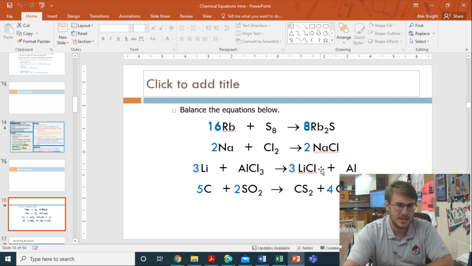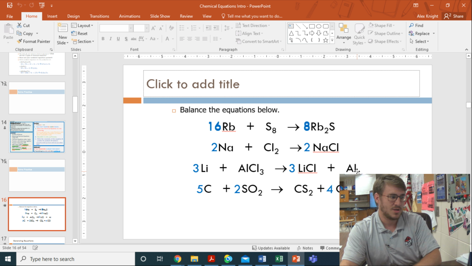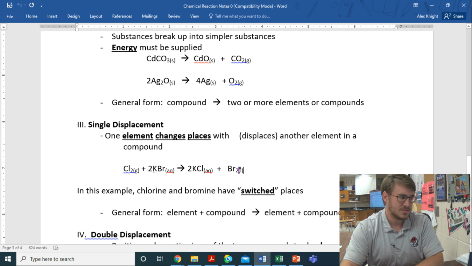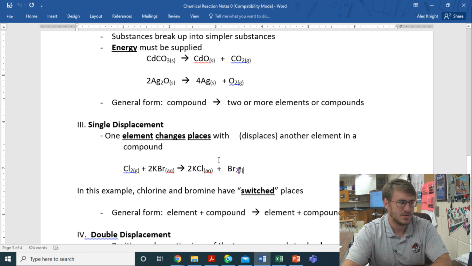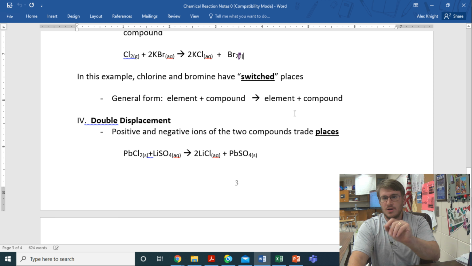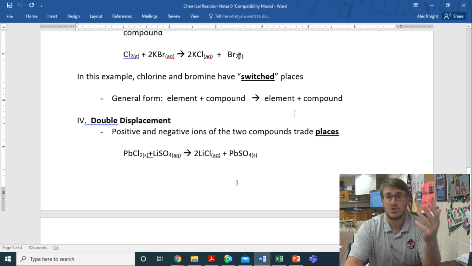So you can see that swap around. Once again, this was an A and a BC, and it becomes an AC and a B. That's different from the other one, which shows an A with a BC, and it becomes BA with a C. Go back and listen to that if you need to rehear it. And we'll say type 3, single displacement or single replacement.